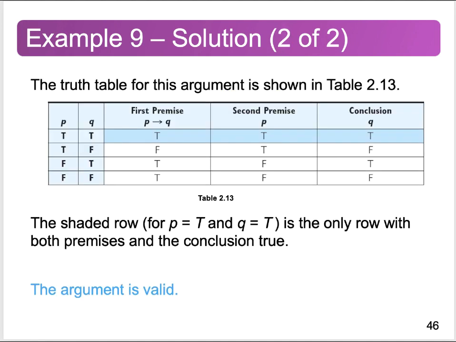Well, we look at our truth table. So we look at our first premise, P implies Q. Then we look at our second premise. We have to match up the row that this corresponds to. Here, our first premise we assume to be true. Our second premise we assume to be true. So you're looking for the statement where they're both true.